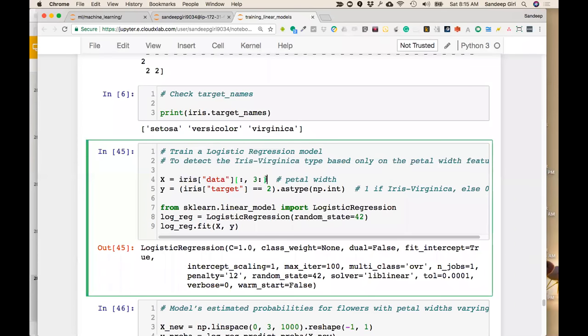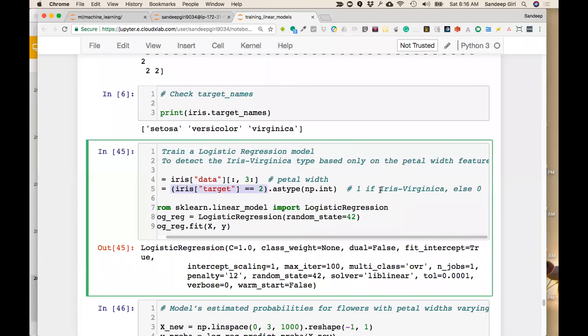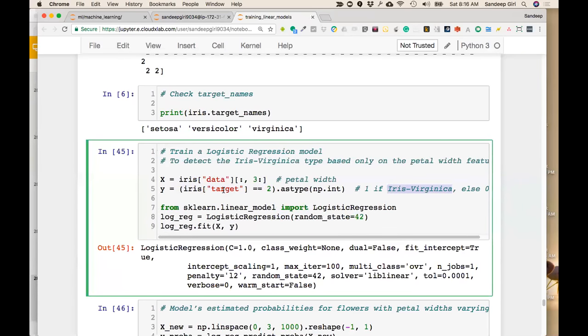So we are just keeping the petal width for now for the left hand side, and for the right hand side we are keeping only one class. We are saying if it's this particular one or not. That's all we are saying, and then we are importing the logistic regression from linear model and then fitting this data set. That's all.